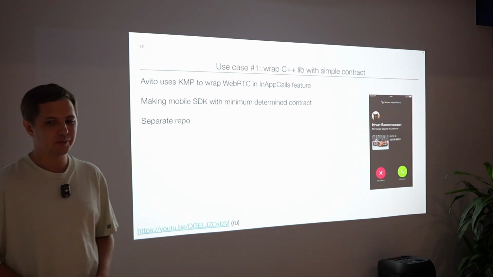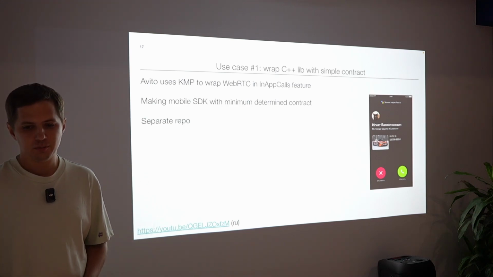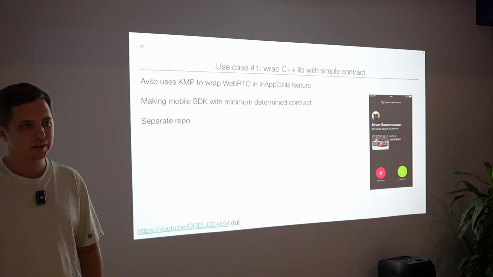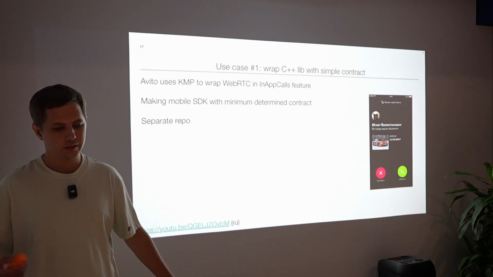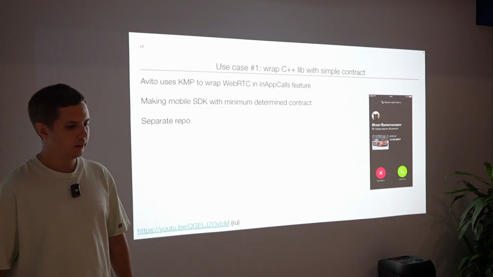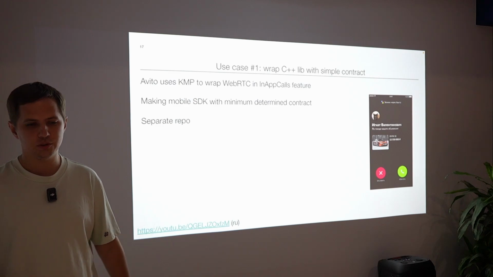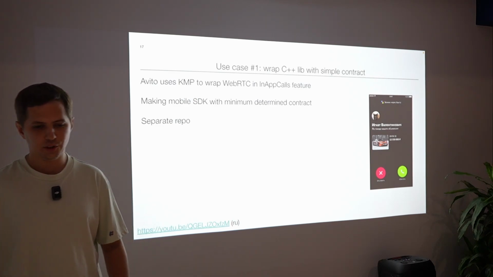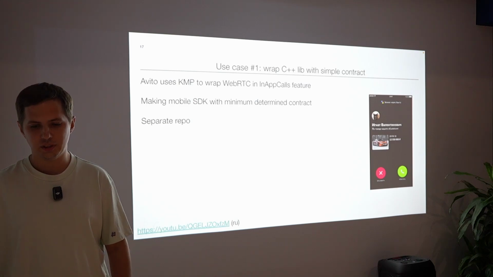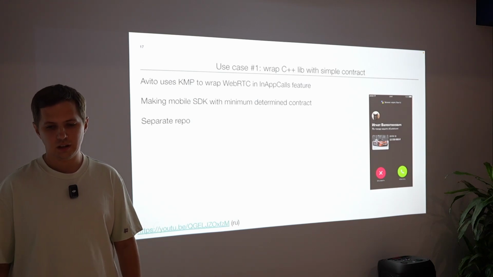My colleagues previously wrapped an external C++ library with a simple contract. They wanted to make a video calls feature, and they tried to use WebRTC for that. It has a really strong contract, and lots of logic needs to be written around it.